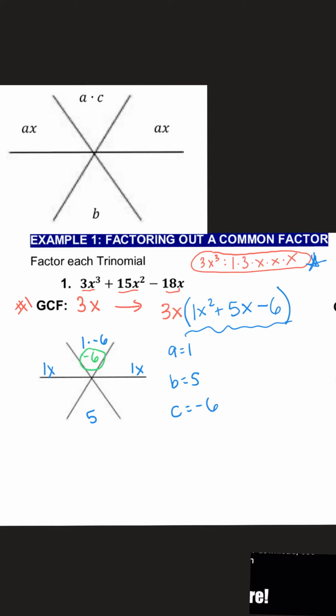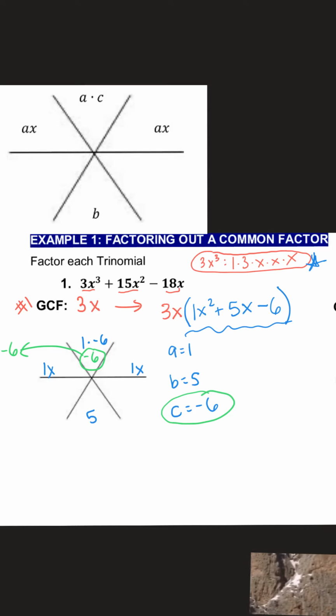And I'm going to come over here and list factors. But before I do, let's talk about whether or not I'm going to look for a sum or a difference. I see that C is negative, and since C is negative, I'm going to be looking for a difference. And that means my signs are going to be different. I'm going to have 1 positive and 1 negative.